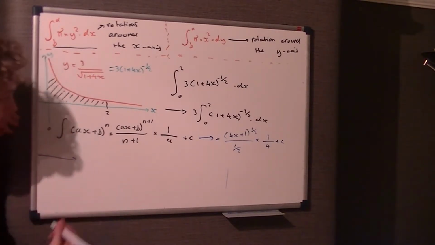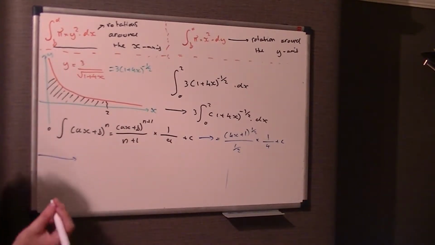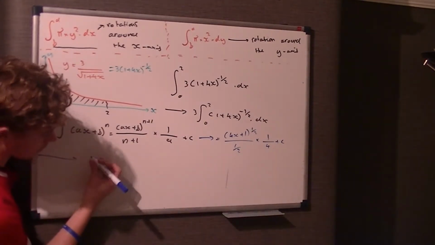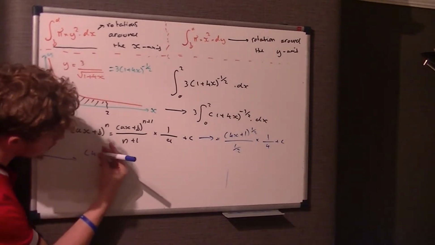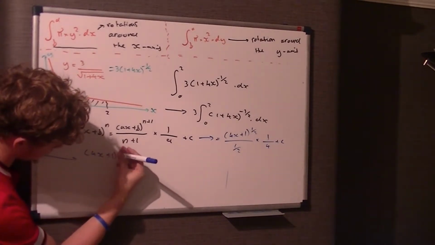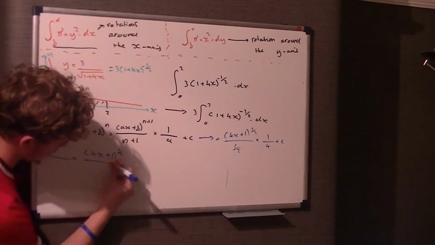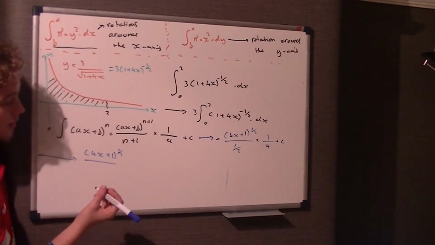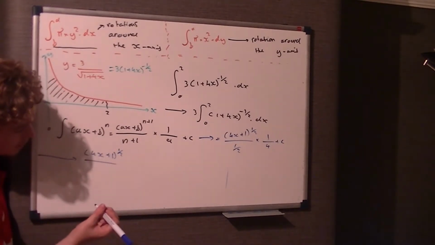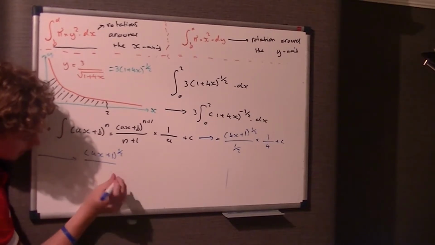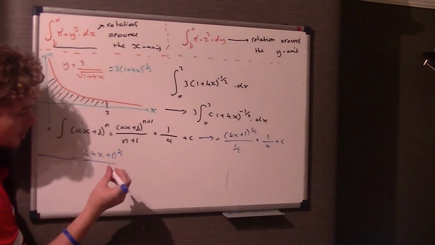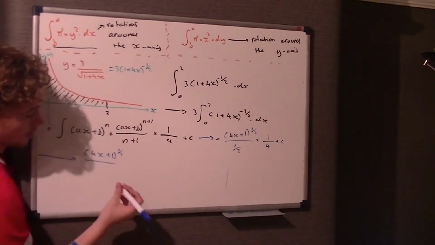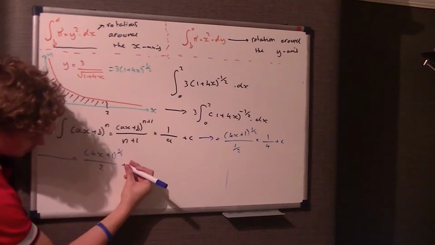So if we simplify this down, it's 4x plus 1 to the power of a half over a half times a quarter, which is 4x plus 1 to the power of a half on top, over, we times the numerators and denominators together, 4 times a half is 2, and that's your answer there.